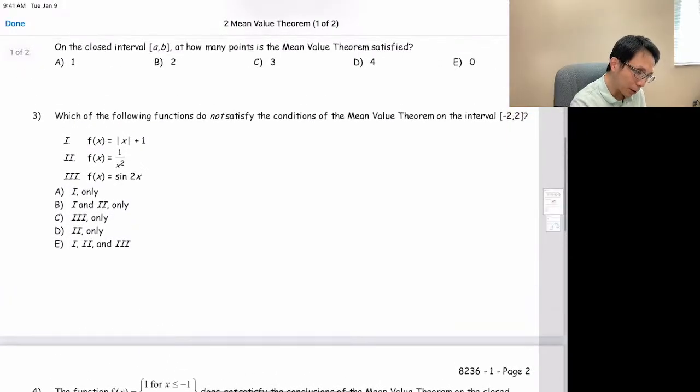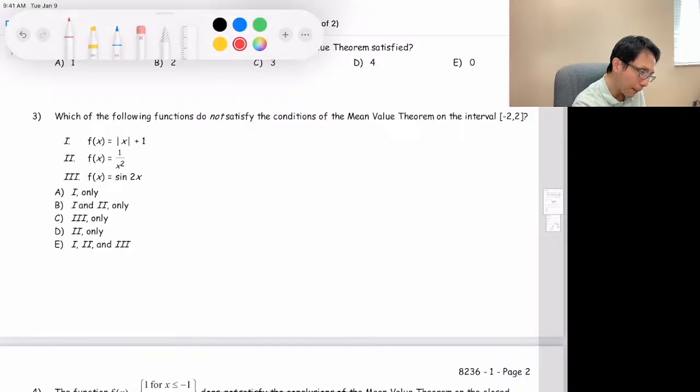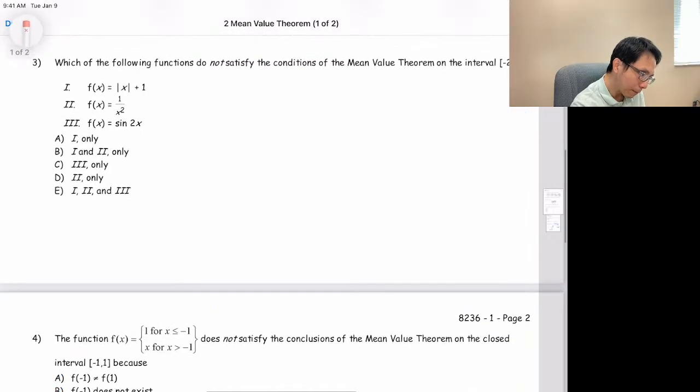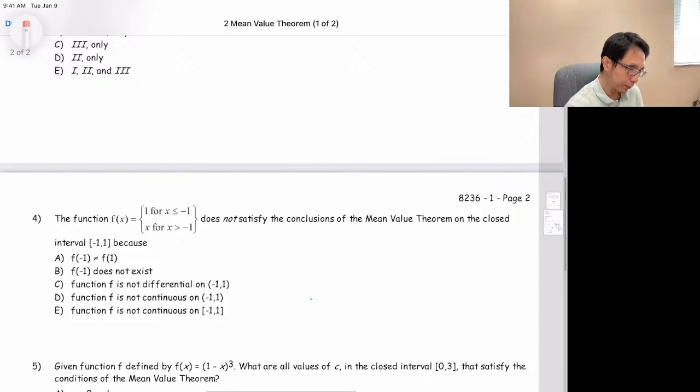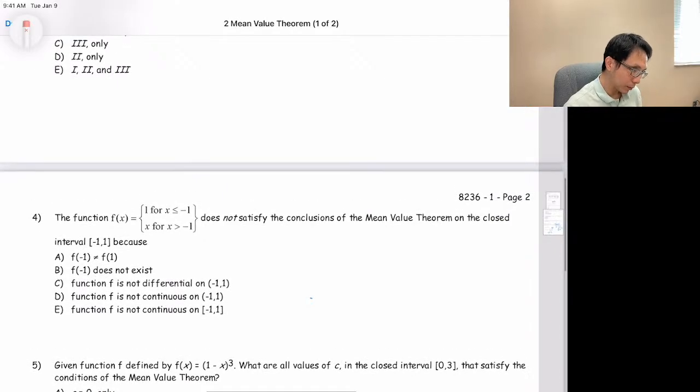Ooh, this one is actually interesting. Does that just say 1 for x less than -1? Mm-hmm. That's equal to -1.